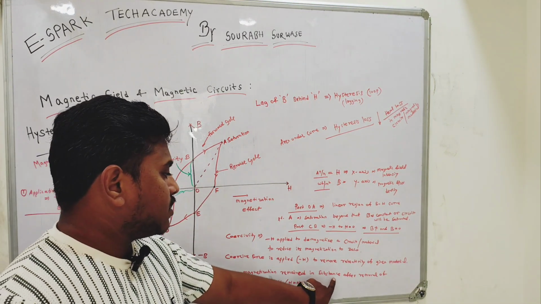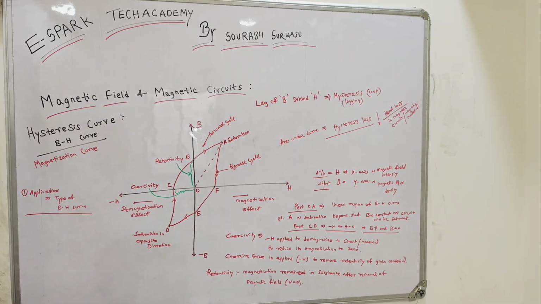Magnetization remained in the substance after removal of the magnetic field for H equal to 0.